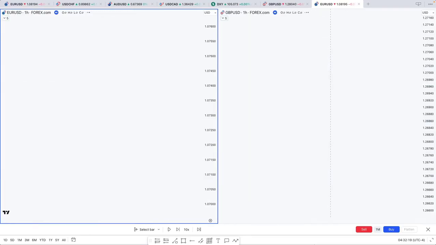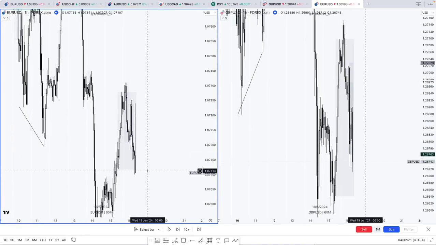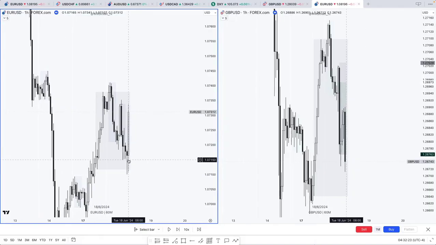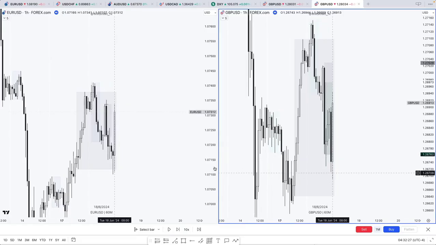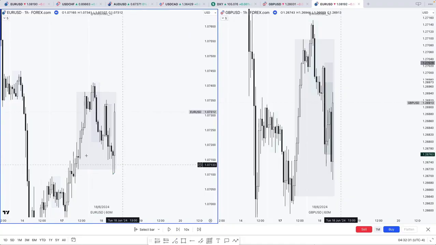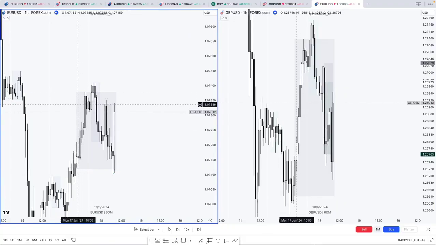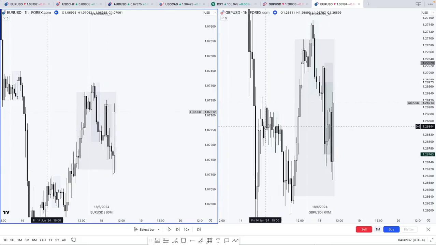And what happens next? Because there were news, it creates another SMT. Look at this. Meaning what? Range is done, so reversal. Range is done.